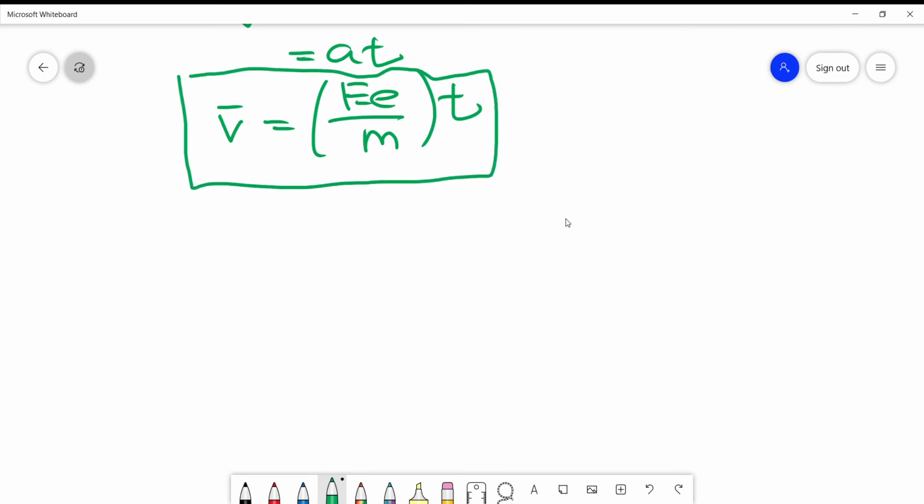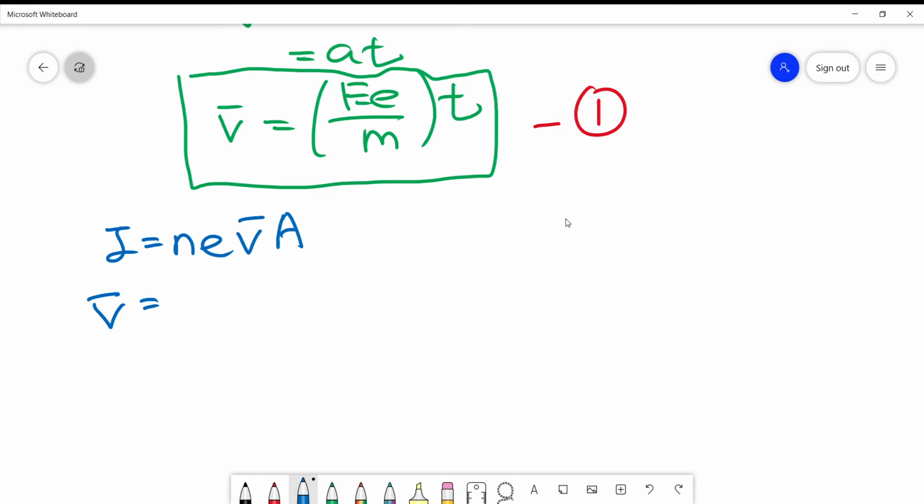So this one is equation 1. Okay, so let's move on to another equation, which is I is equal to nevA. Since current is the one that exists inside the wire, what I need to do is derive for the drift velocity.